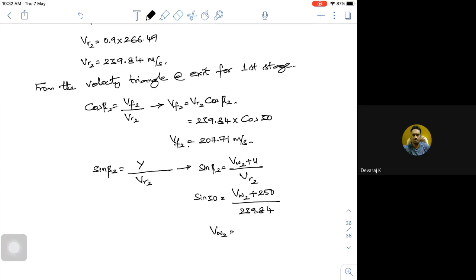So VW2 is equal to 239.84 into sine 30, minus 250.